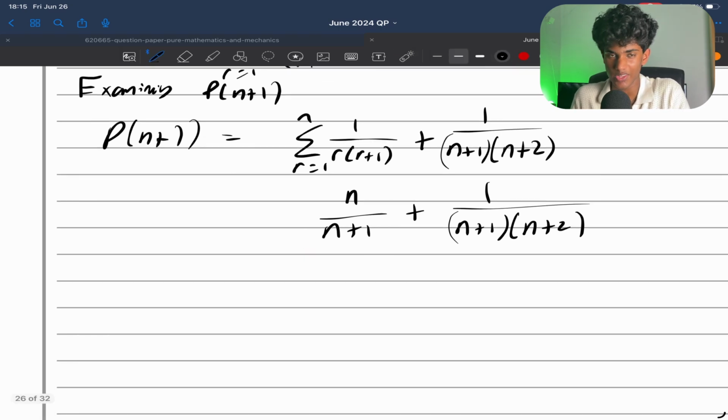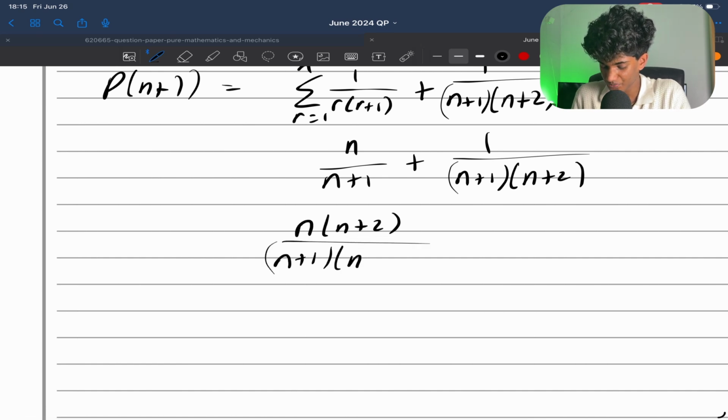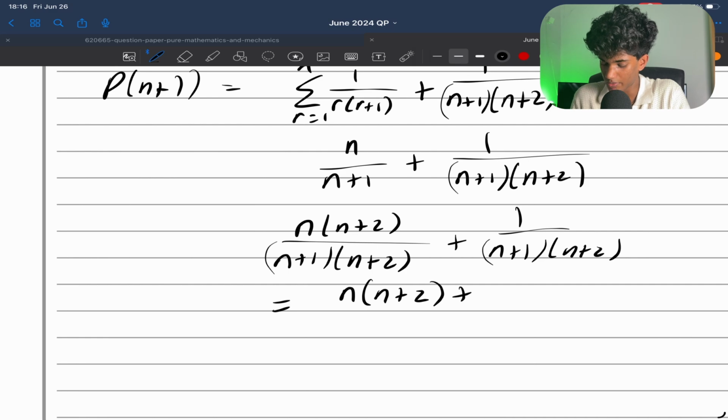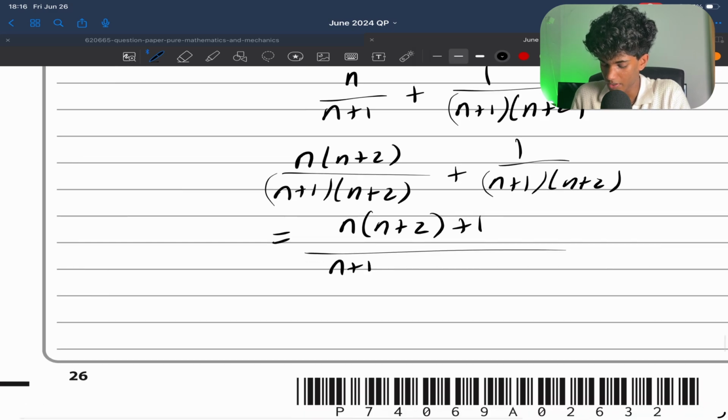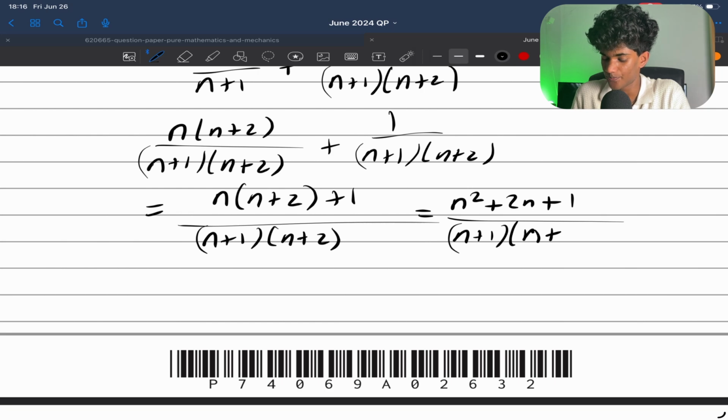You should know how to do this. You're doing further maths. So, n times n plus 2 over n plus 1 times n plus 2 plus 1 over n plus 1 times n plus 2 is equal to n times n plus 2 plus 1 over n plus 1 times n plus 2, which is equal to n squared plus 2n plus 1 over n plus 1 times n plus 2.